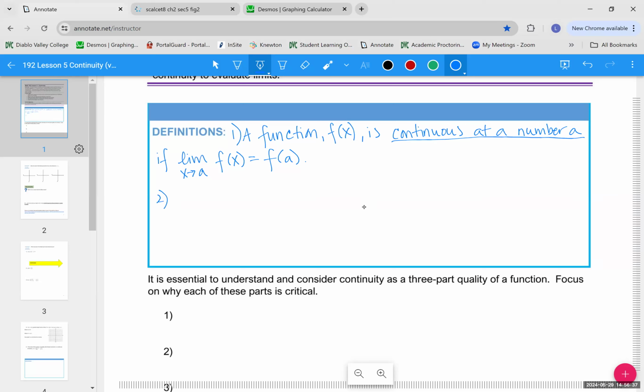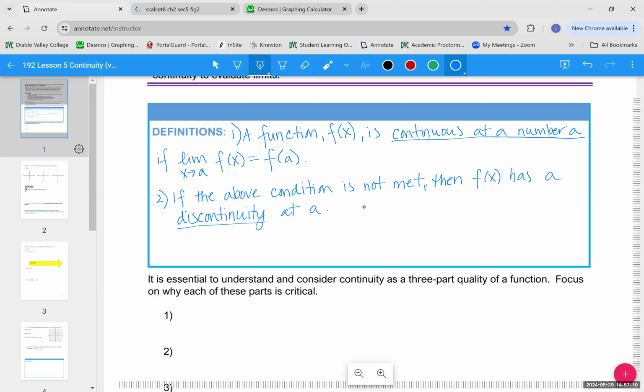Our second definition will be: if the above condition is not met, so it is not true that the limit as x approaches a of f of x is f of a, then f of x has a discontinuity at a.